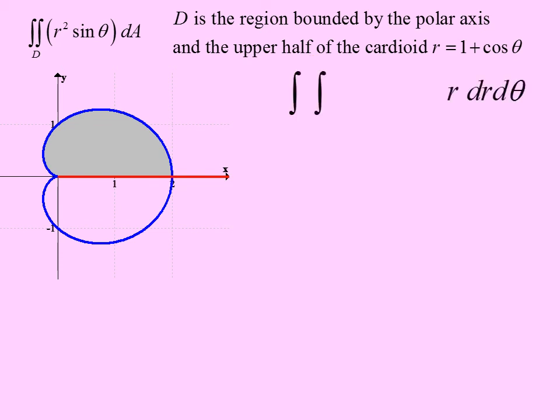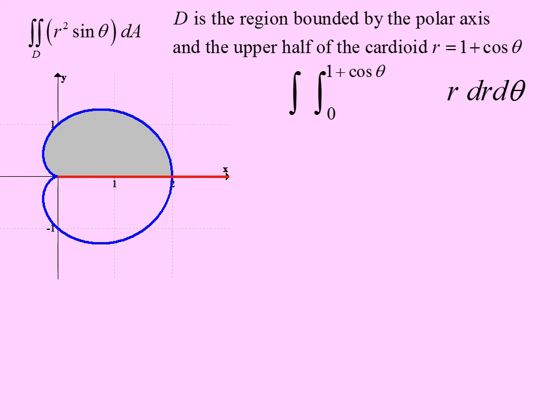So remember, our integral is going to contain an r and then the dr d theta. So r in this case is going to be going from 0 to the cardioid, which is 1 plus cosine theta. And then the thetas that represent the top half of the circle.